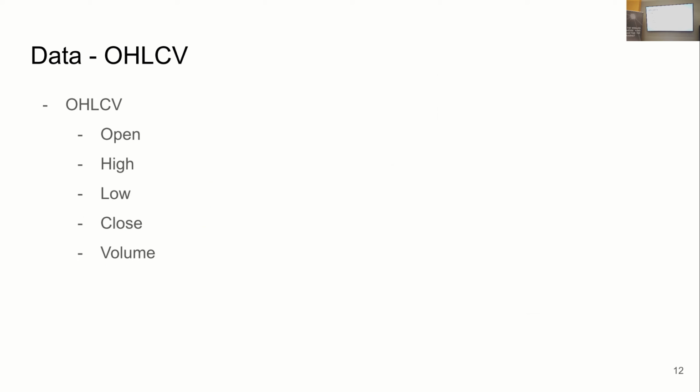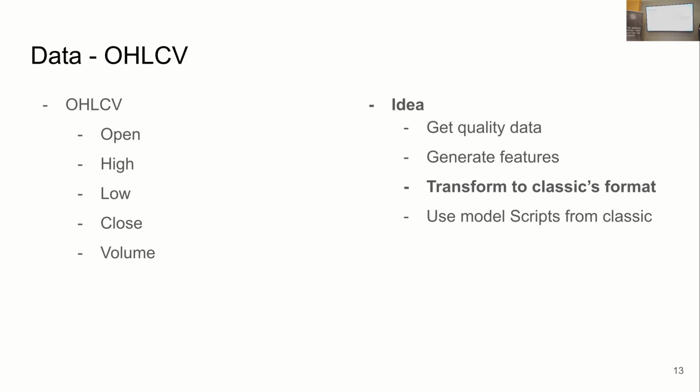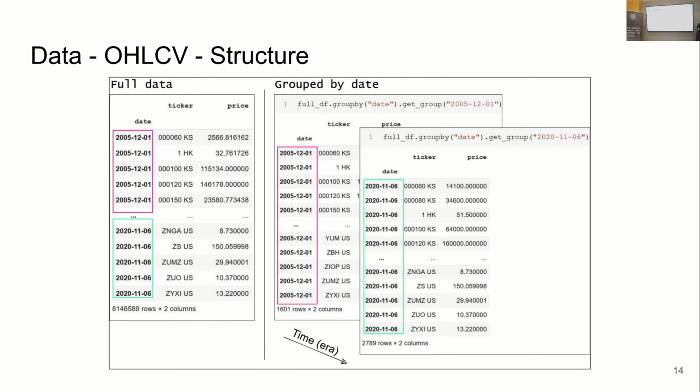I'll be focusing more on OHLCV data, like technical analysis, and how you can map that to the targets. The idea is to get quality data, generate a bunch of features, and then turn them into the classic format, so all your strategies that work in Numerai Classic now work on signals with this data format as well. Here's how it looks.